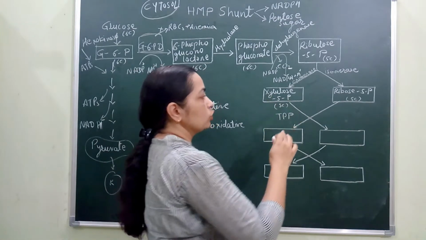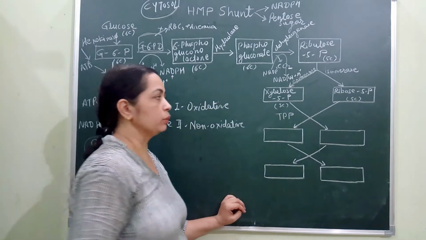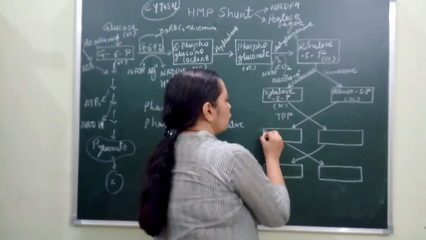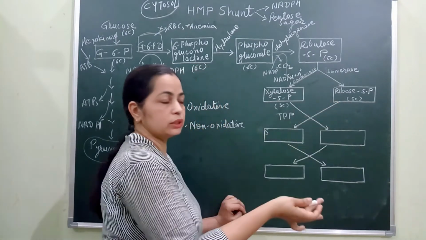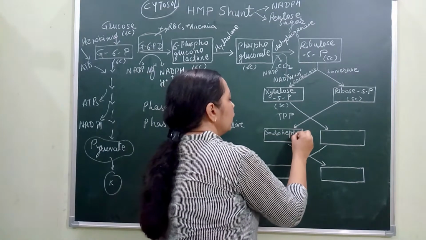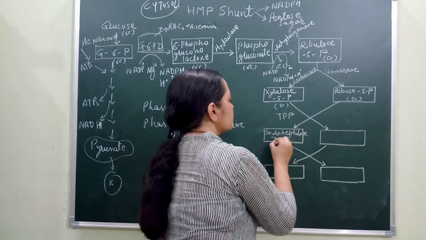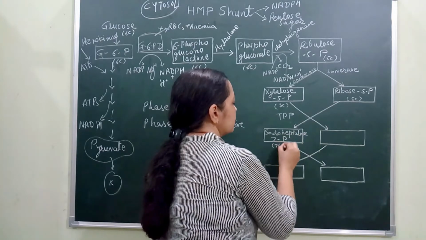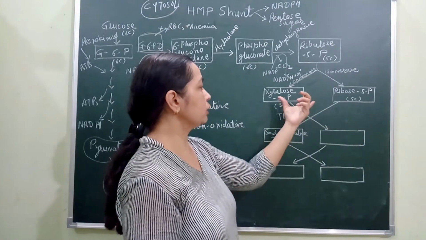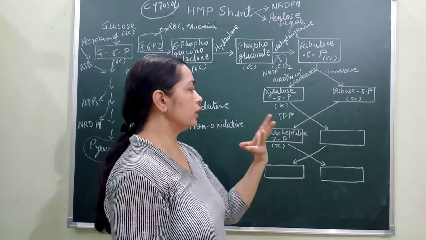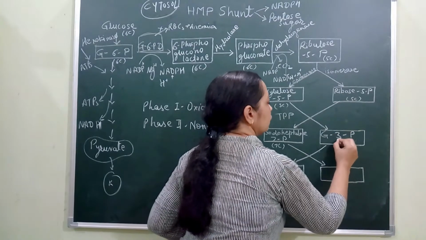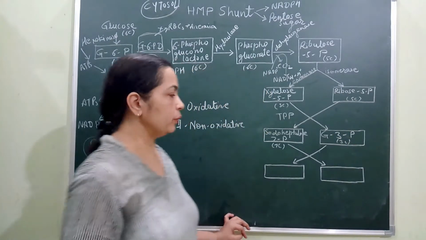The xylulose 5-phosphate is going to give 2 of its carbon fragment to ribose 5-phosphate, and it will lead to formation of, when there will be 5 plus 2, that is 7, sedoheptulose 7-phosphate. So we will get this 7-carbon sugar. While the remaining one, how much is left? 2 are given, so 3 are left. So it is going to give us glyceraldehyde 3-phosphate, the 3-carbon containing moiety.